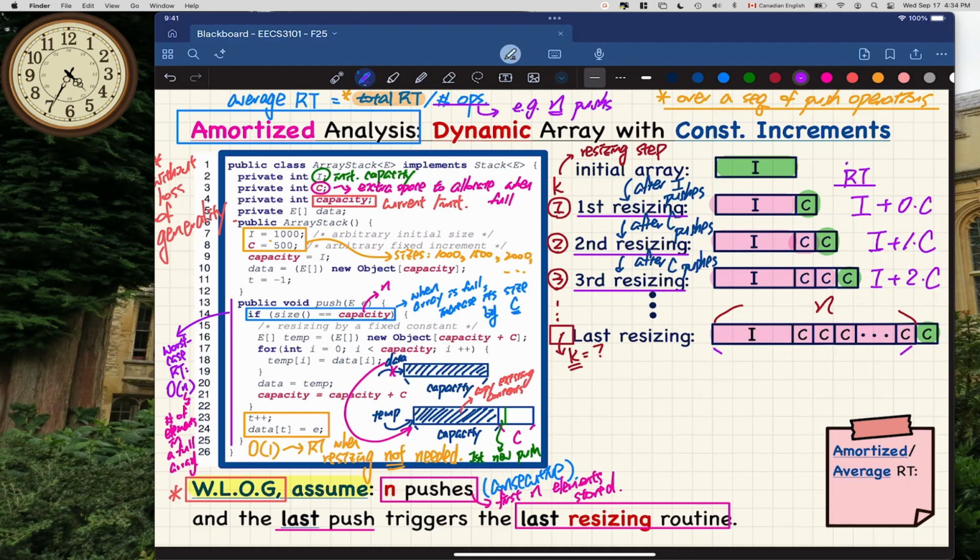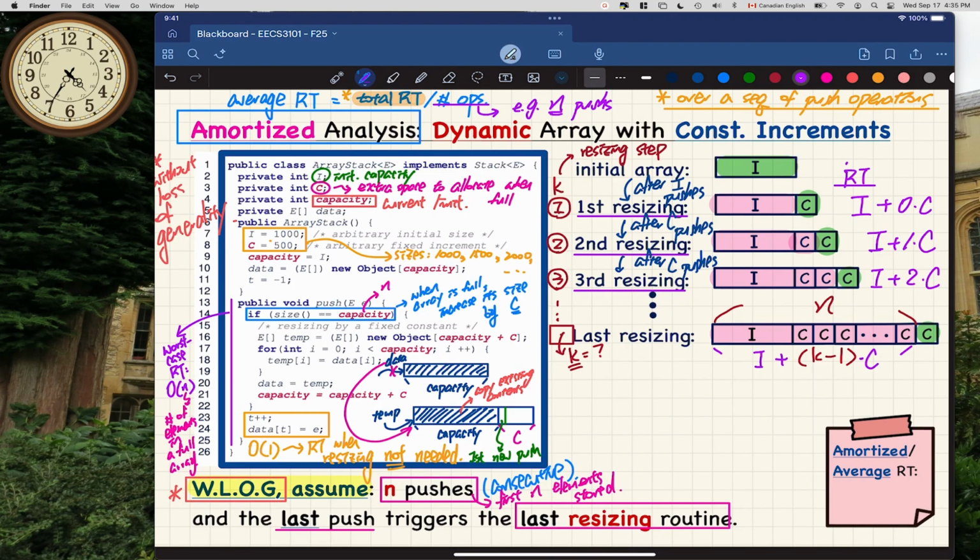It would be I plus what times C? K minus 1, all right? Because K here is a step number, right? Remember 0, 1, 2 correspond to exactly a step number minus 1, right? That's a pattern we observe, okay? So let me put it down. So that would be exactly K minus 1 times C.